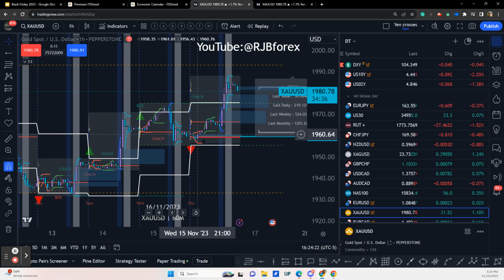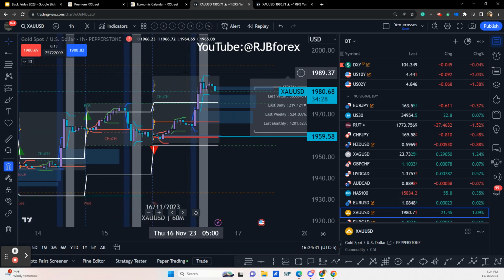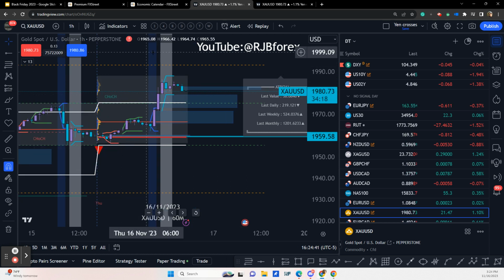It attempted to come down, failed, and rose to the upside again. So at this point in time I'm biased to the upside, but I don't just want to buy it wherever. I need to see the price come into a level.